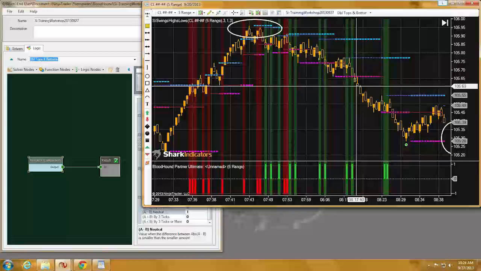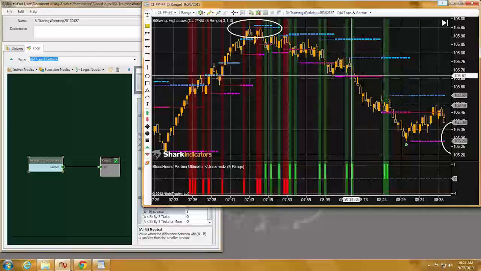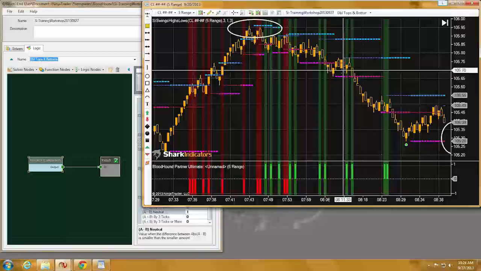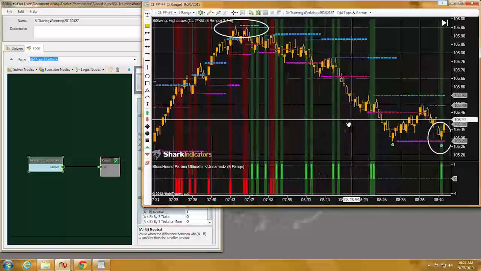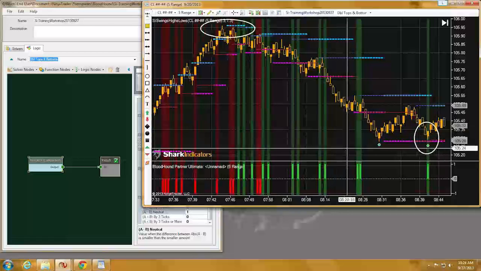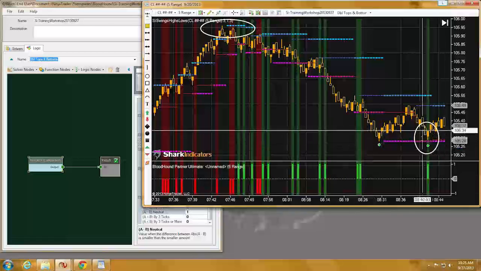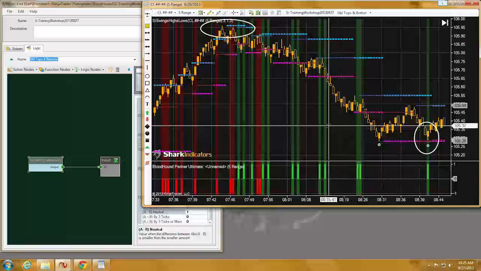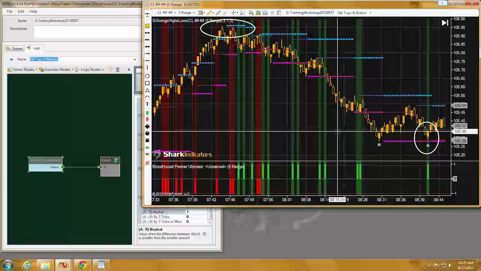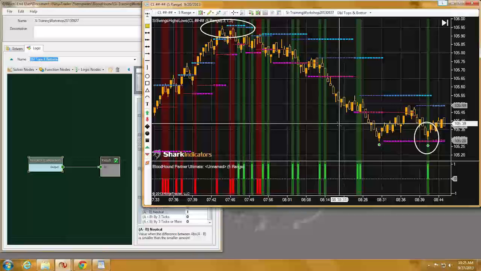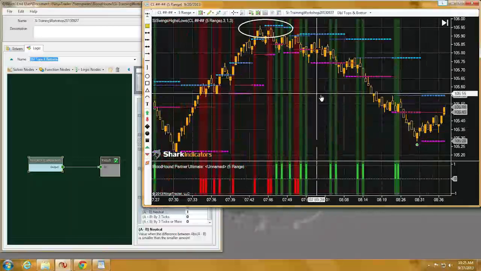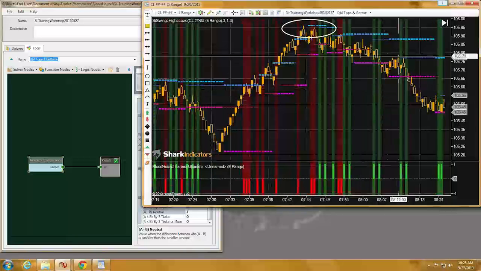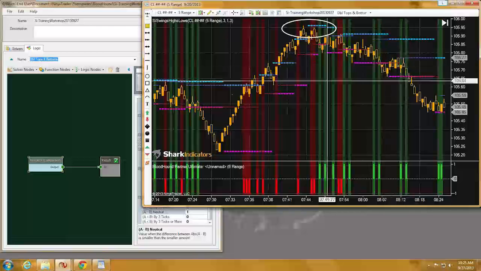So now we have to start creating some other logic to get rid of these miscellaneous signals that we don't want. And let's see, this one looks nice and clean. So let me find an area to work on. I think I'll work on this area over here.